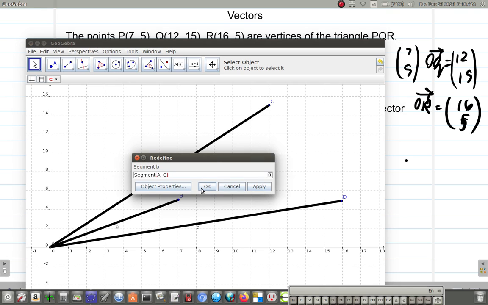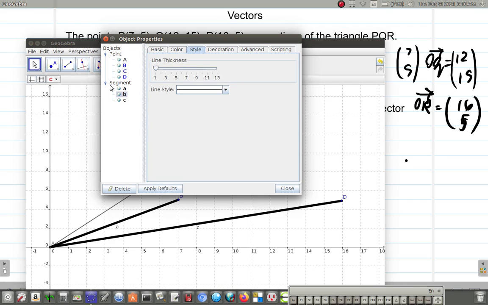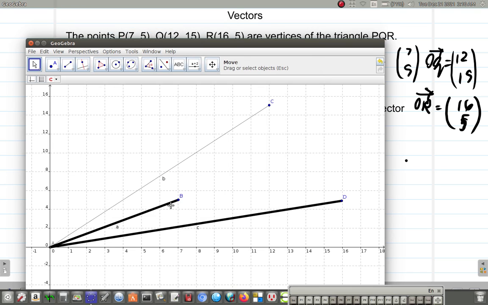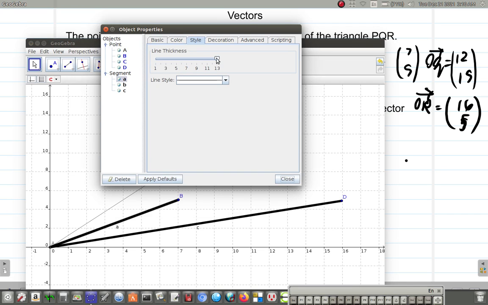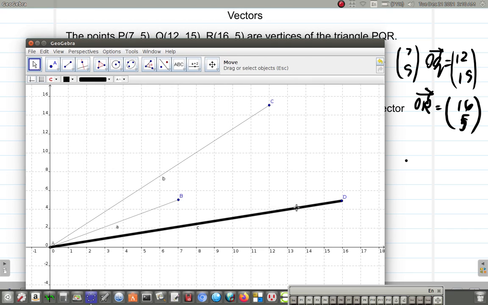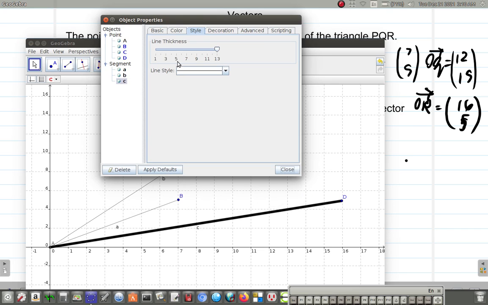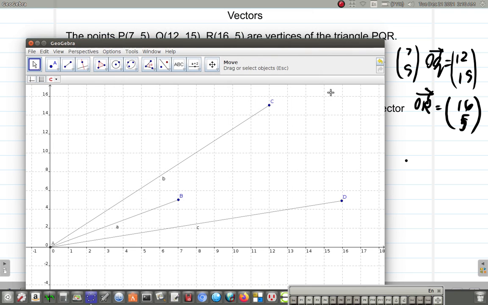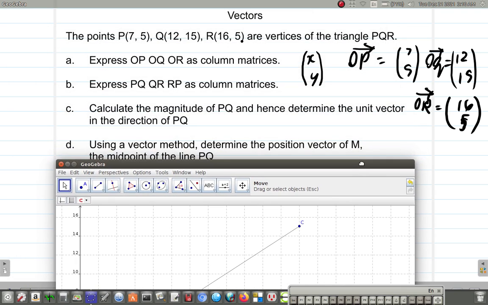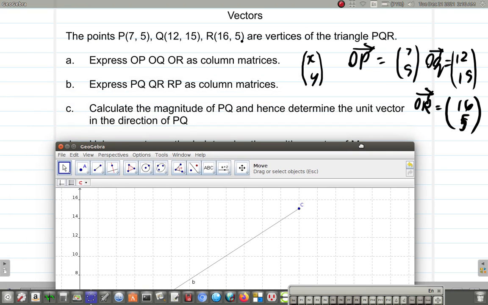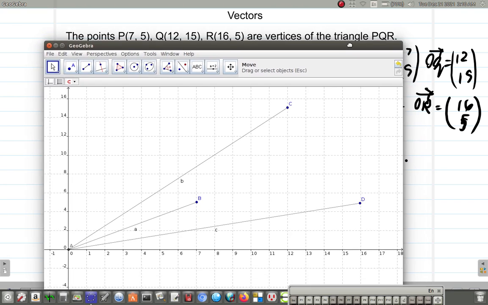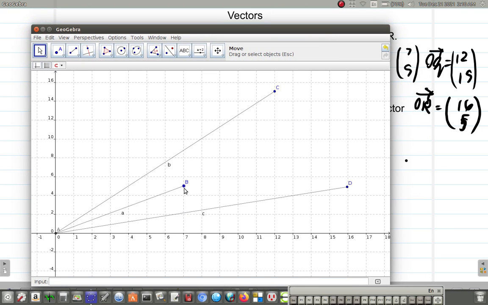What I'm going to do now is have my lines here go thinner as they originally were, because I'm going to be highlighting other lines. Now what we want is PQ. Remember, P is here.